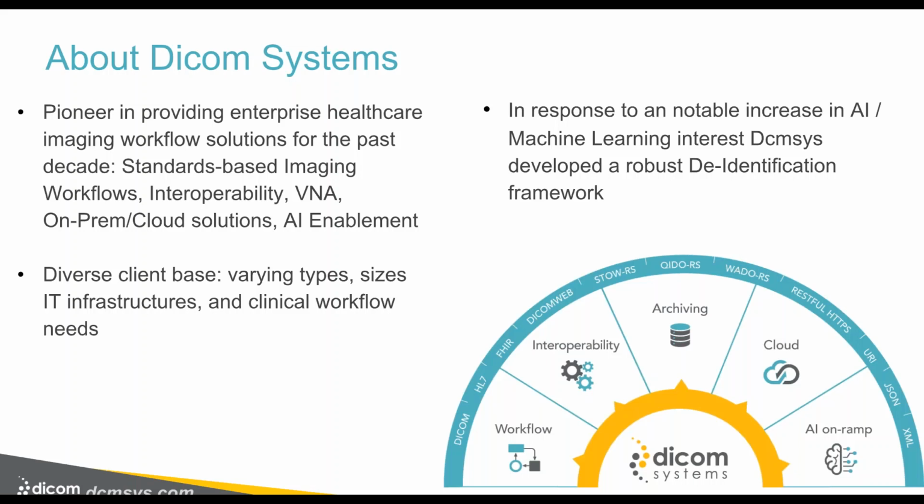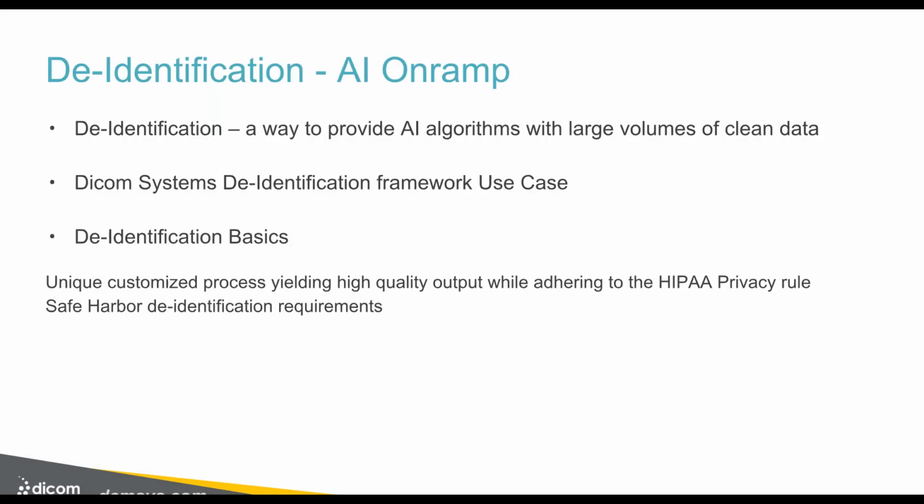So today's webinar is really talking about that type of solution where you take your existing data and use it in a way that's compliant with HIPAA. We have an AI on-ramp framework, which is composed of a number of steps. The primary focus is de-identification.